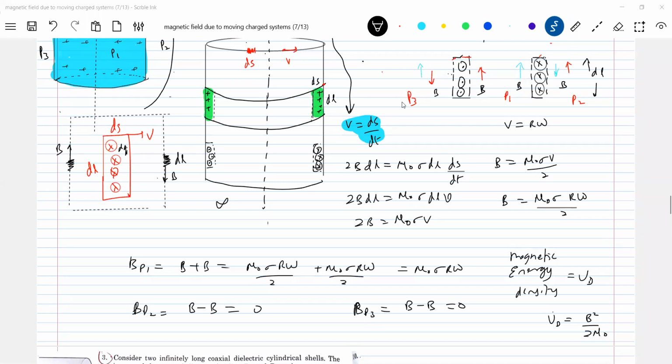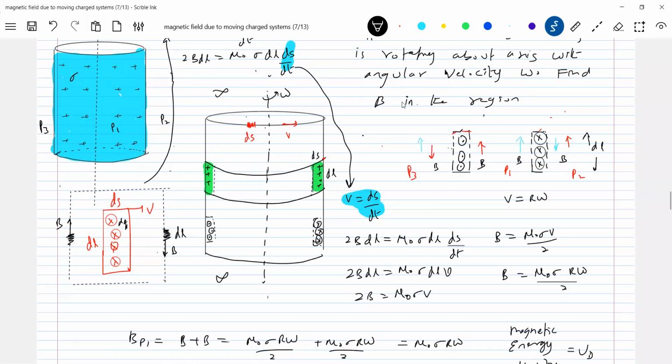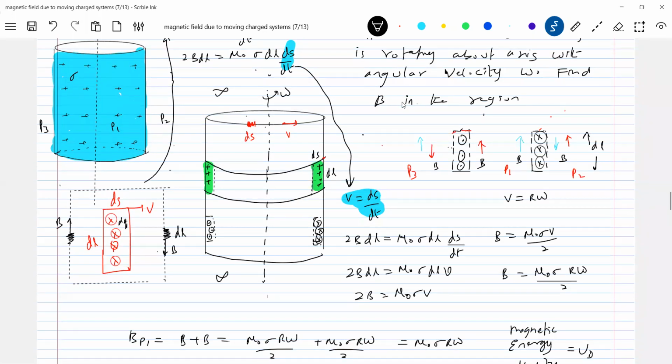Since you are very familiar with the square sheet, I introduced it like this. We can also take this like a strip, a ring of radius r and width dl. It's rotating, and you know due to the rotation, what is the magnetic field? Work it out, it becomes an elemental ring.